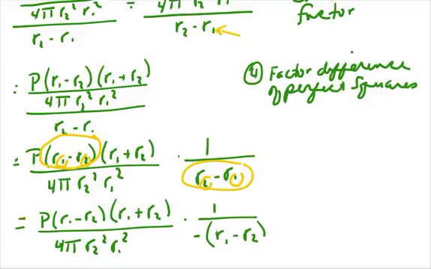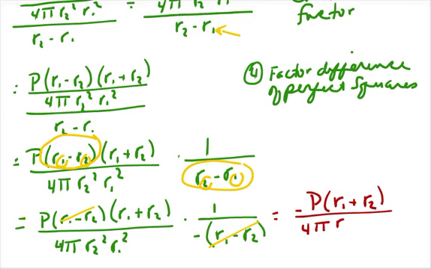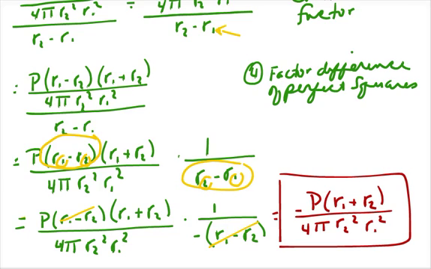Now I can cross these out, and the answer, I'll write it in red. The simplified version of this is minus p times r1 plus r2, all over 4 pi r2 squared r1 squared. And that's your answer. So I hope this little bit of algebra review helps you.